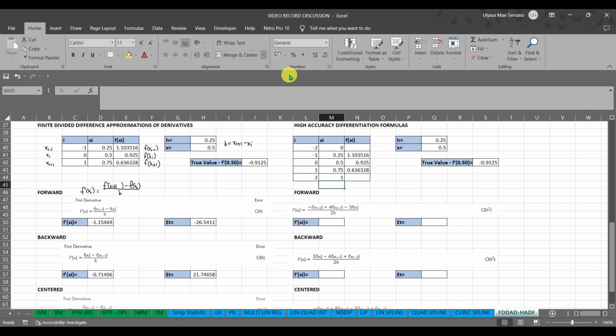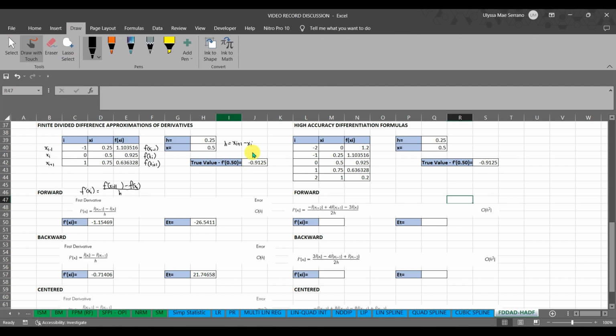So we will now have the function values for x sub i minus 2, x sub i minus 1, x sub i, x sub i plus 1, and x sub i plus 2.